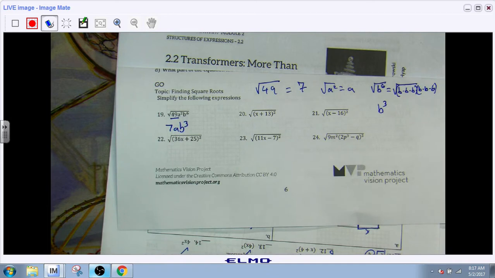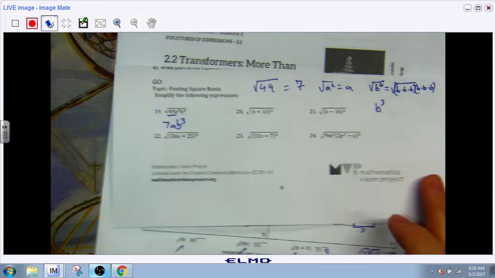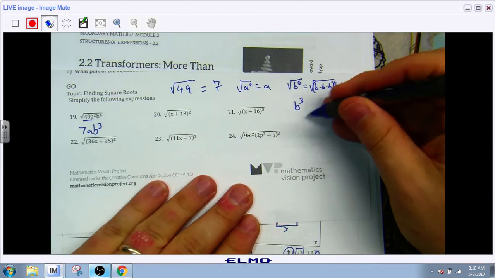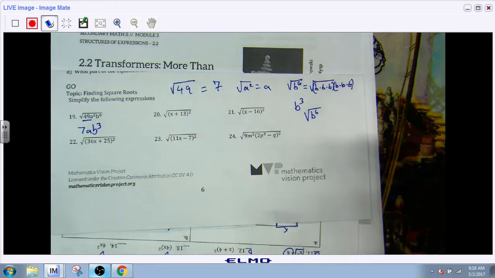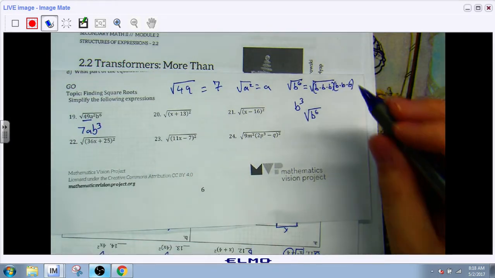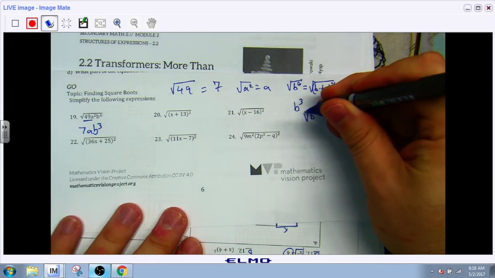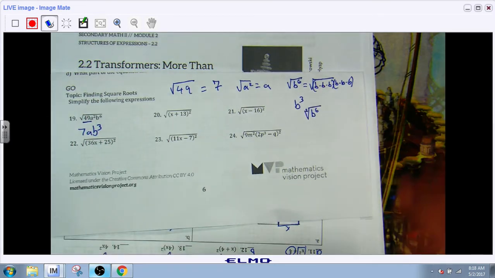Another way you can do this is going to be a little tricky, so follow with me. When we're square rooting something like b to the 6th, we don't write it, but really there's a little invisible 2 right here, because we're taking the square root, we're undoing squaring.